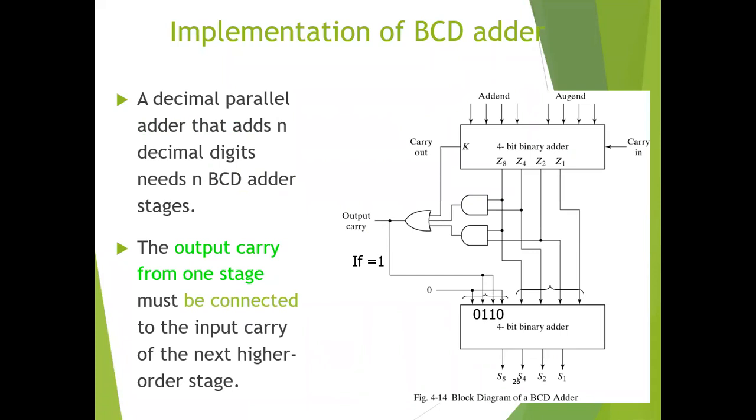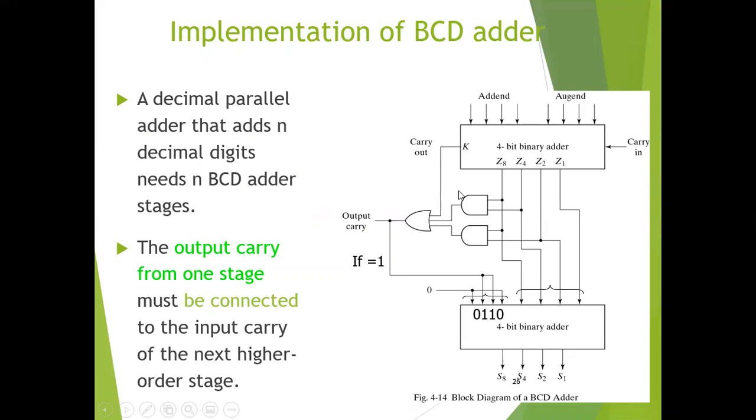This is the implementation of the BCD adder, and this is the circuit you can see. Here we add two numbers, augend and addend, each of 4 bits, and this is the input carry, and the output carry K is generated from here.